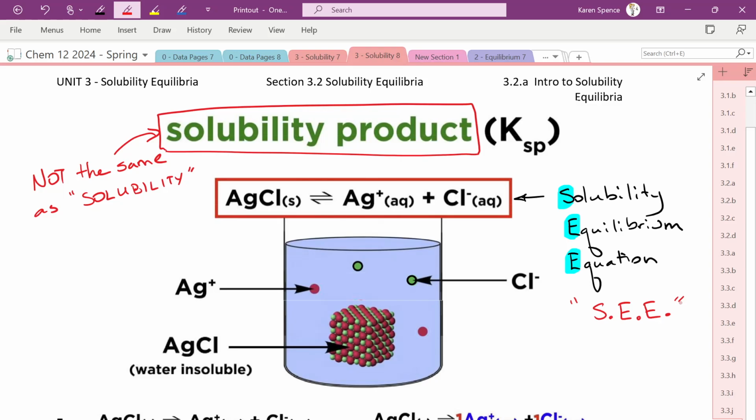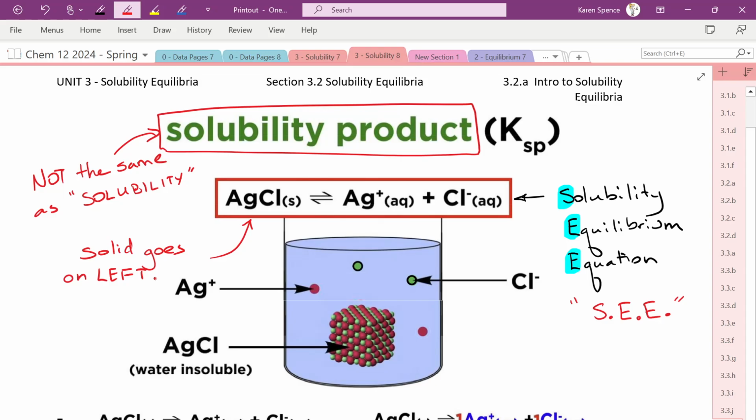And you'll notice that the solid is on which side? Left or right? Solid is on the left. And the reason it has to go on the left is because it needs to be consistent.